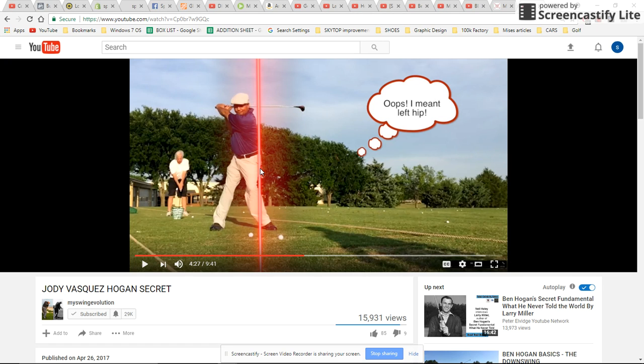when you're talking about your lateral move to the left. And most people don't talk about this when they talk about lateral moves.